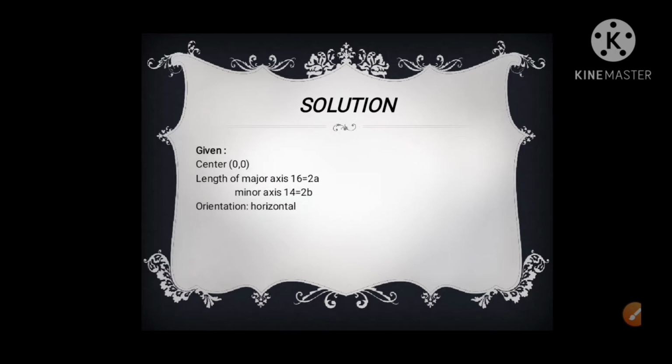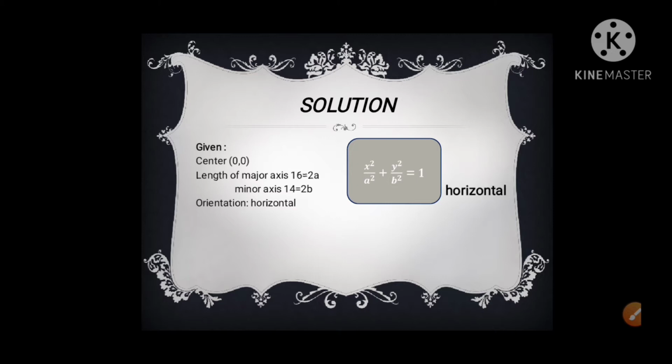So, the solution. The length of the major axis, 16, is equal to 2a. Then, the minor axis, 14, is equal to 2b. Then, we use the horizontally oriented equation, x squared over a squared plus y squared over b squared.